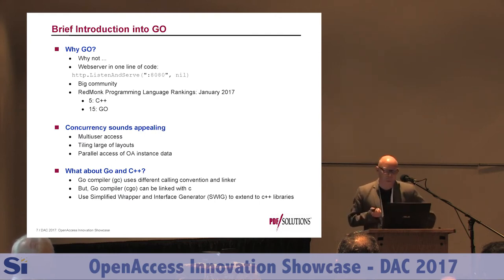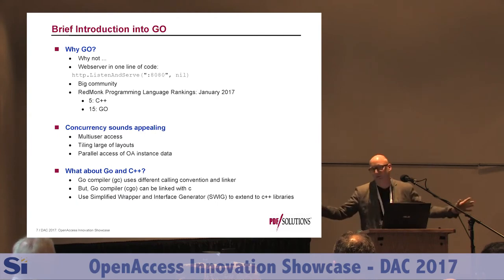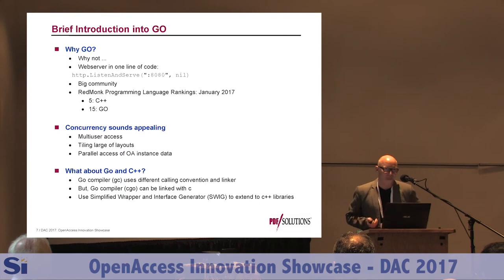Or we can even do cooler stuff by accessing instance data concurrently. Instead of reading it sequentially through the hierarchies of OpenAccess, we just go massively parallel. Give it 100 CPUs and let it rock. That was the initial idea.